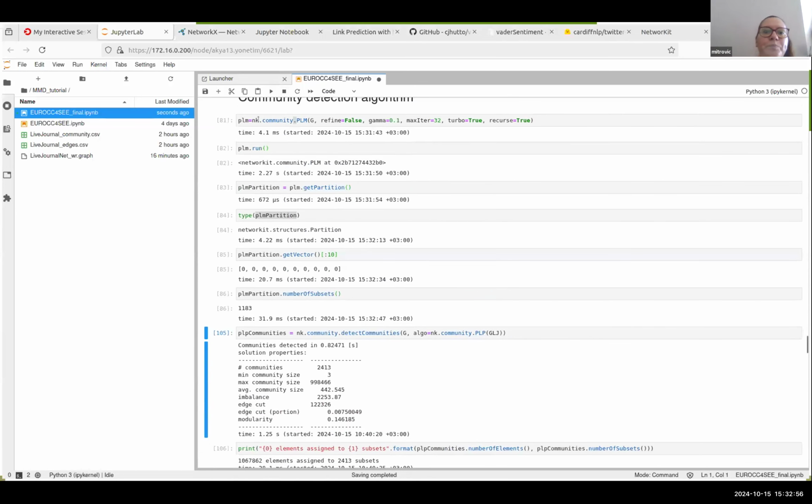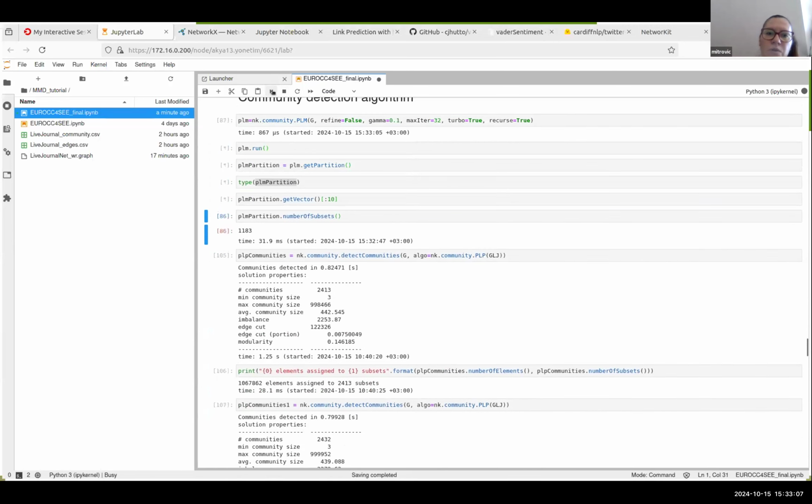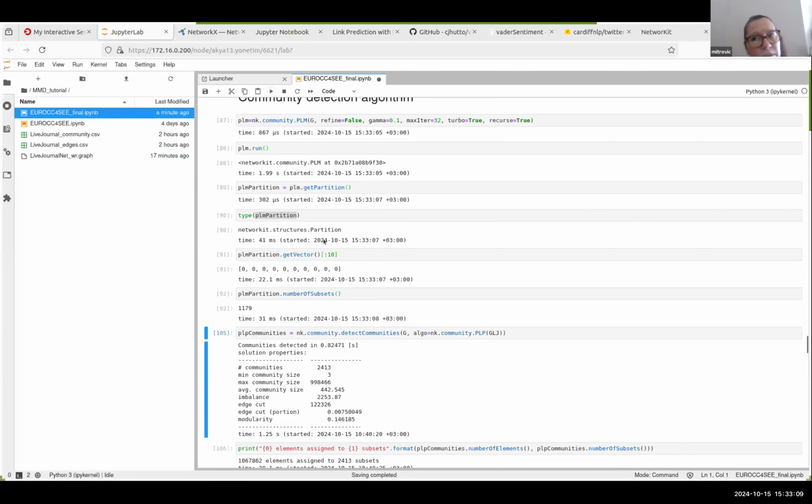Just to show you, if you run the algorithm again, remember here we found 1,183 communities. If we run our algorithm once more, we will get a different number of communities. Why is this the case?